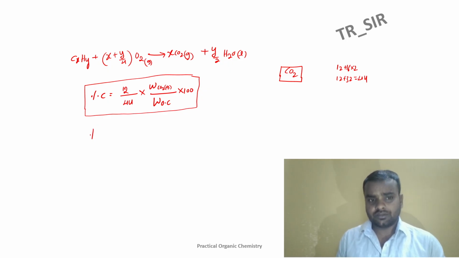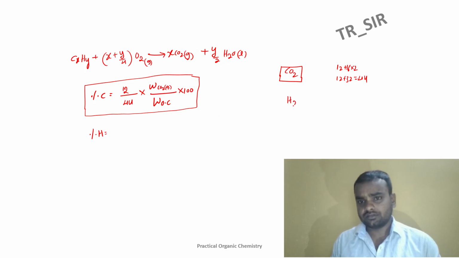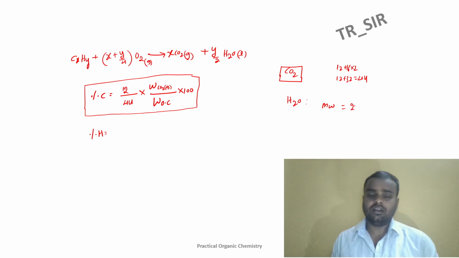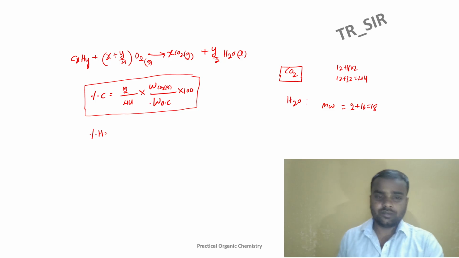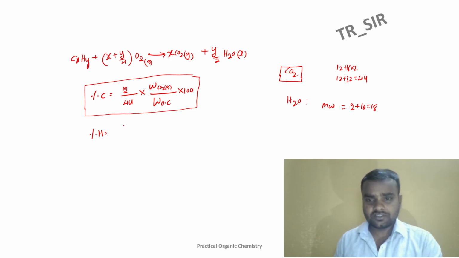Same thing if I do for the percentage of hydrogen, that comes from the water. Molar mass of water: 2 hydrogen, 2 into 1, plus 16, so it becomes 18. How many hydrogen atoms are there? 2.